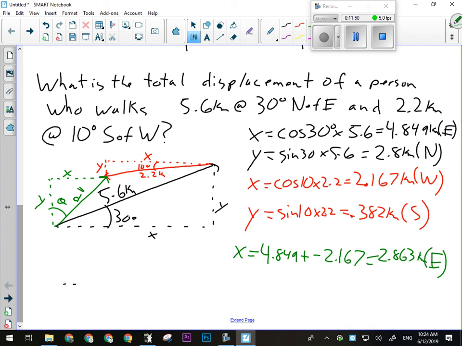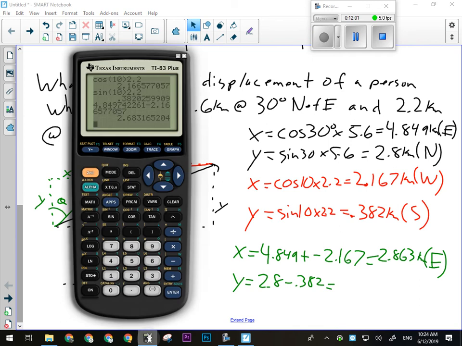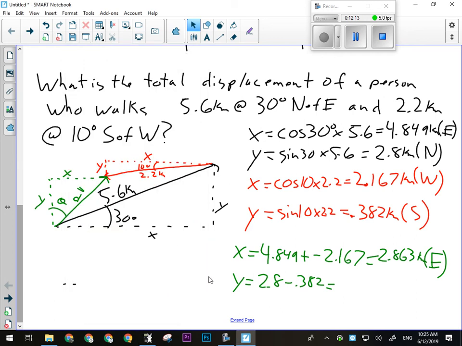And then to find green y, I'm going to take the north and subtract the south since it's bigger. So we'll have our 2.8 minus 0.382. So we're looking at 2.418 kilometers, and that is north.